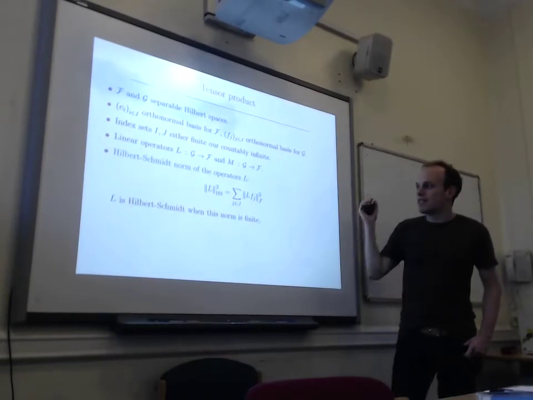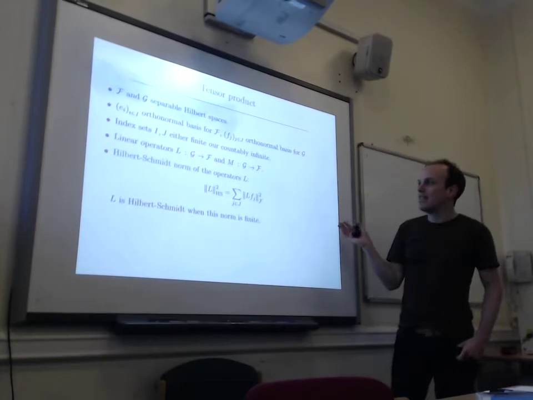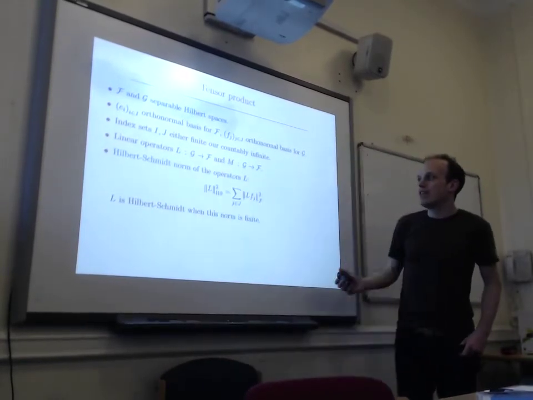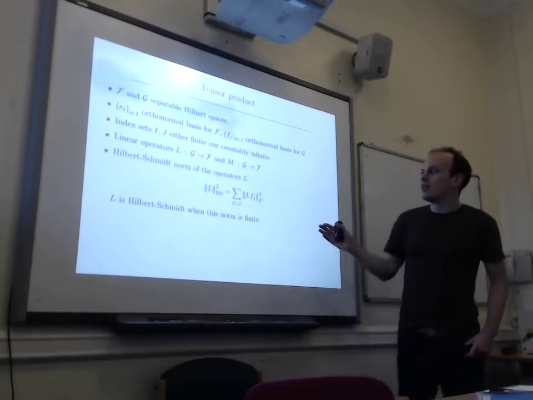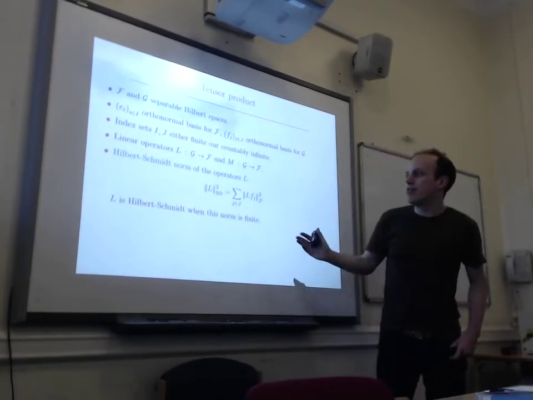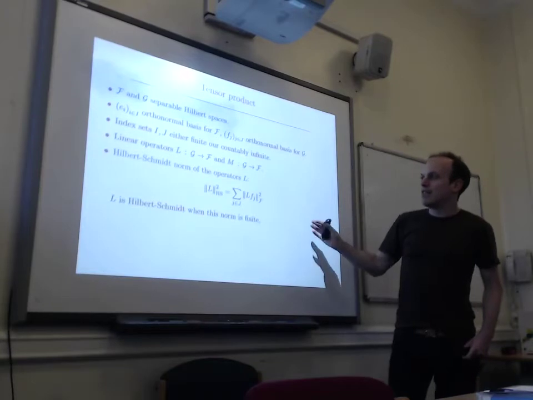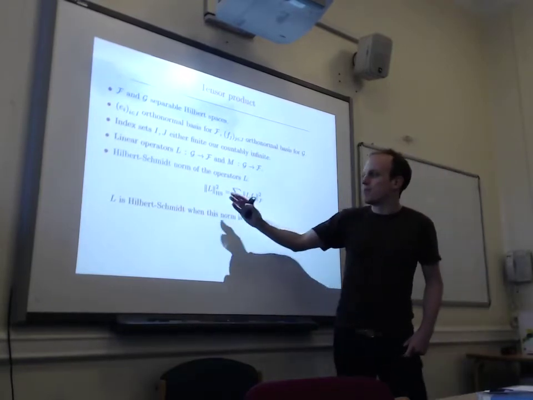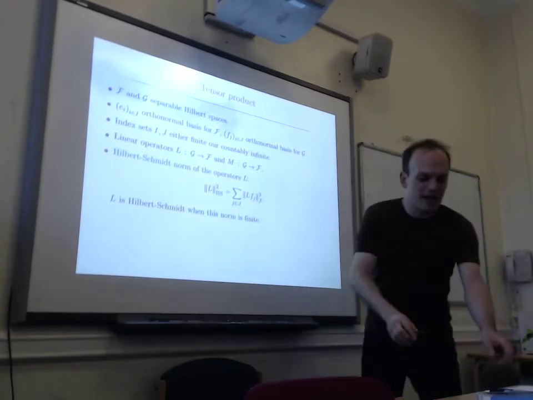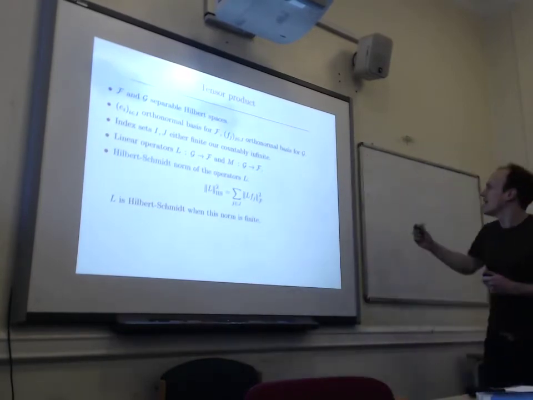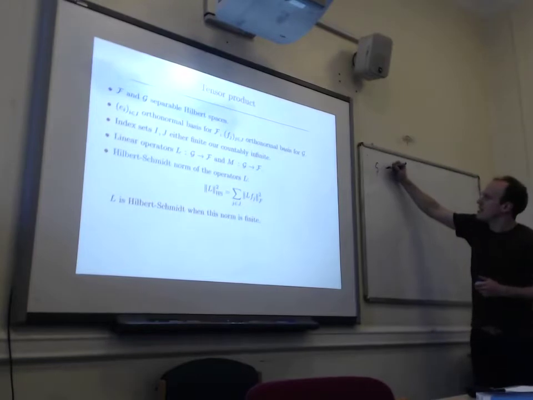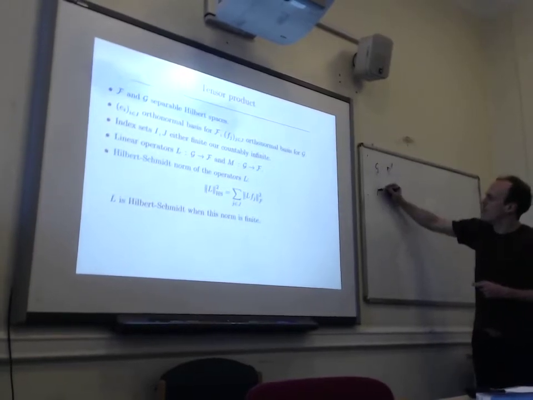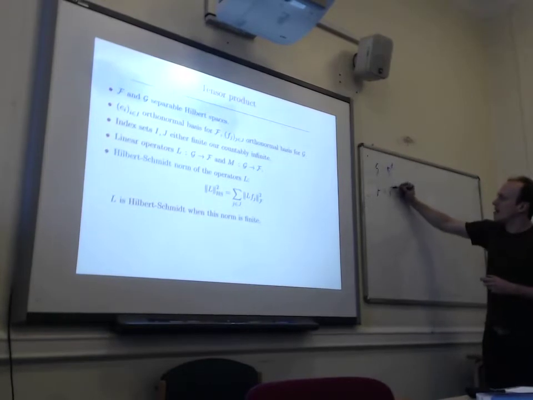And the space in which my covariance is defined is the space of mappings from G to F, okay? So it turns out that this space of mappings from G to F is itself a Hilbert space. Think of this, for instance, in the linear case. Let's say that G is just R^D and F is R^H.